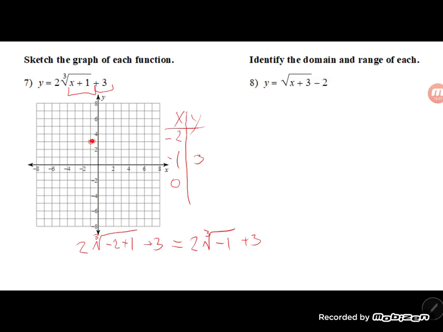Cube root of -1 is just -1. So -1 times 2 is -2, plus 3 is +1. So I plugged in -2 and got out a +1. So I can go back 2 and down 1 to right there.